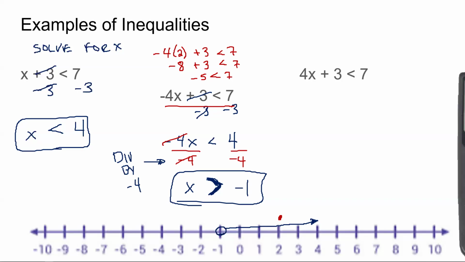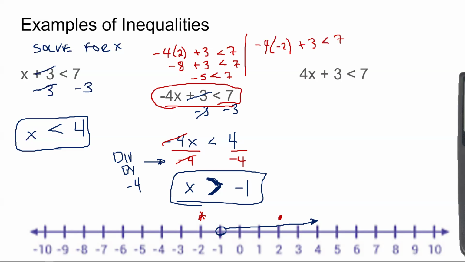You could pick one over here. Here's a -2. So if I take -2 and try it out, and I go -4 times x, x is now -2. I want to add 3. And we're trying to verify that this is not part of the set here.